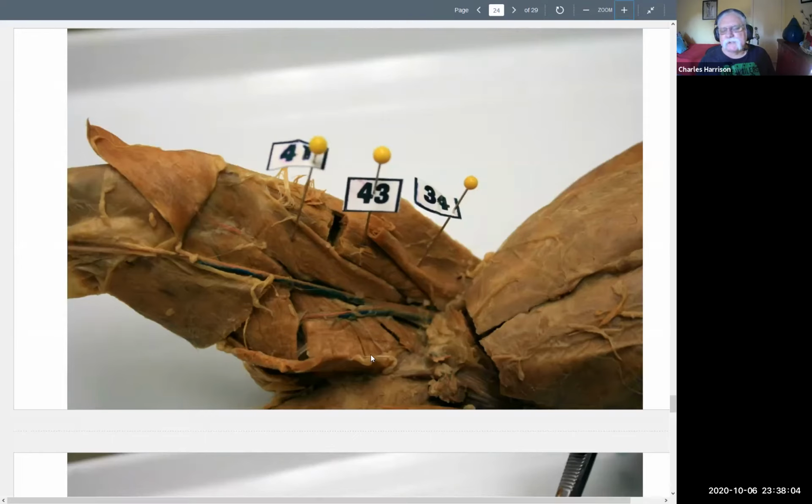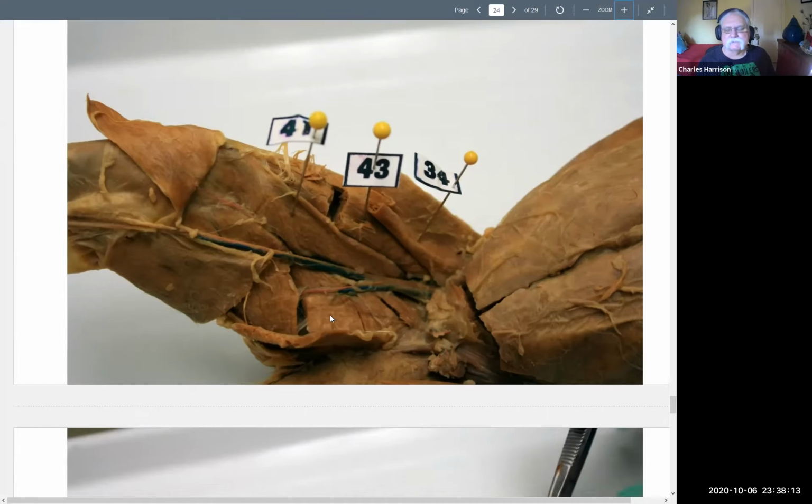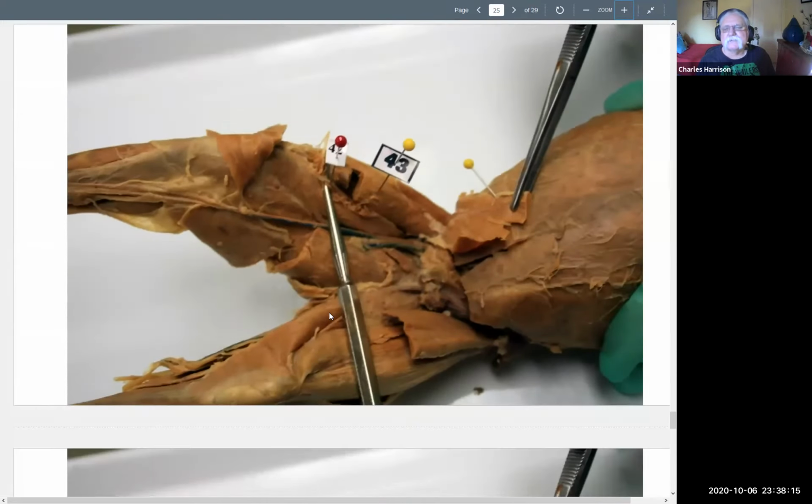And then, although it's not labeled, from here, this triangle is the adductor magnus. This 43 is to show that cord-like muscle again that was bisected, the rectus femoris. Somebody was trying to show 42, which we're not going to do. Okay, it does not show well there anyway.